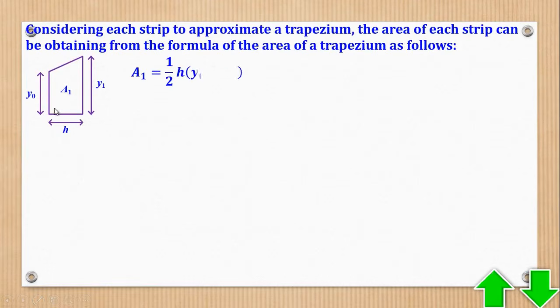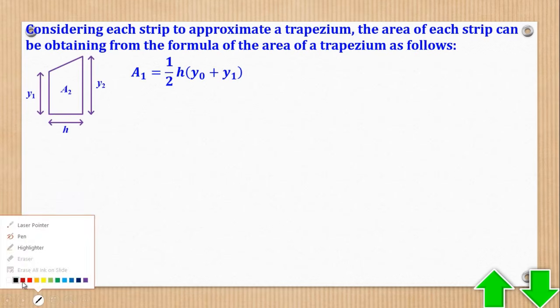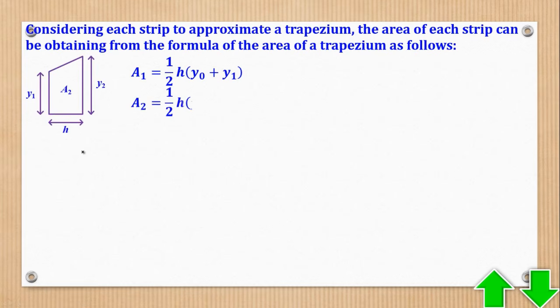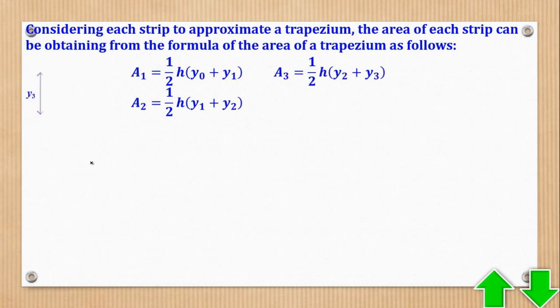Area A1 will be given by that formula. Then when you go to area A2, the area A2 is of that shape, and the formula is that. Then area A3 will be of this shape, and that will be the formula. Area A4 will be of that shape, and lastly, area A5 will be of that shape.